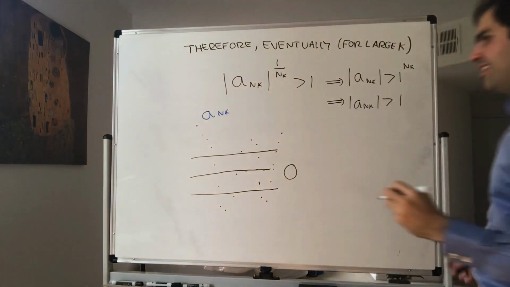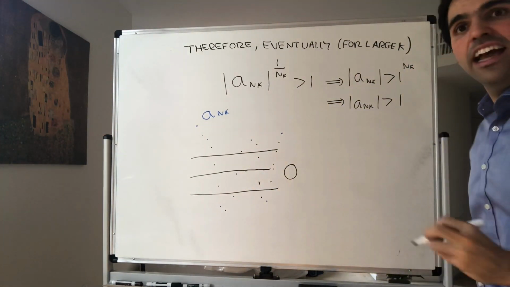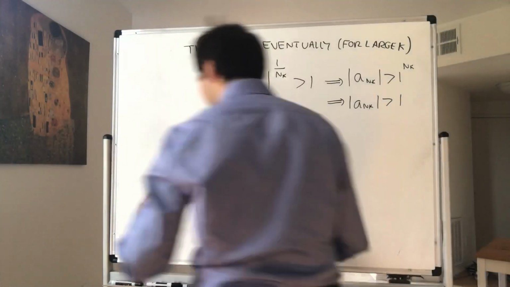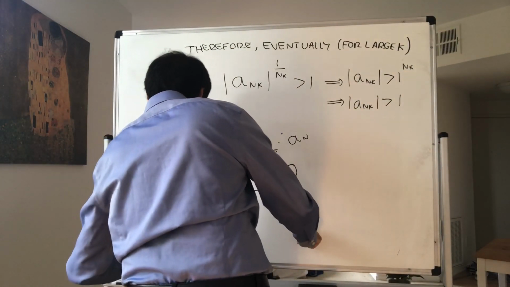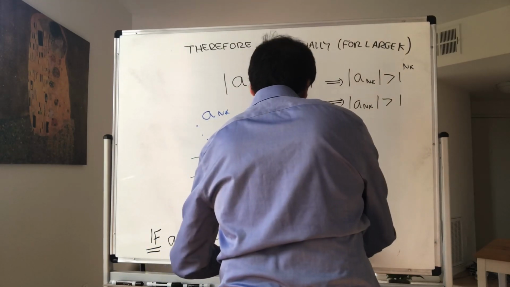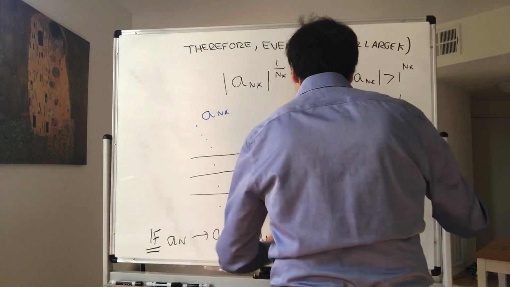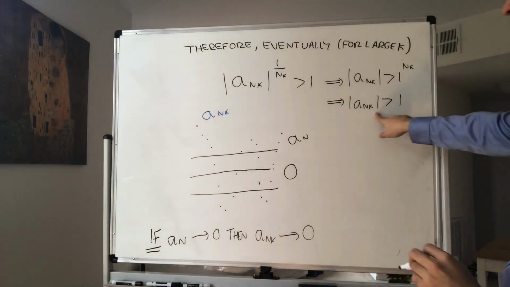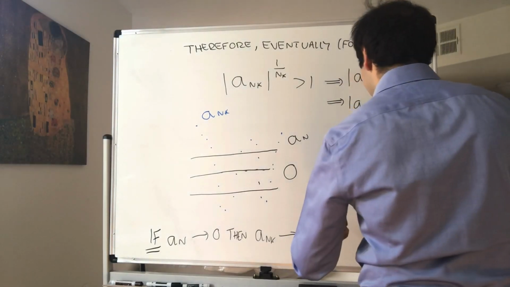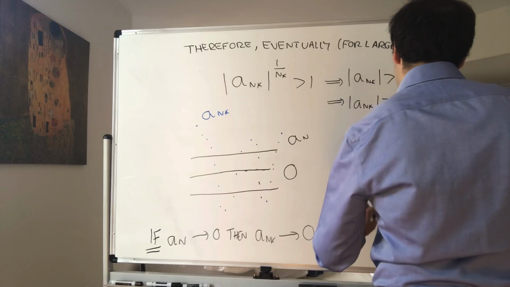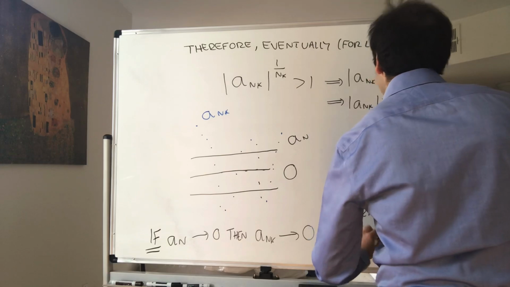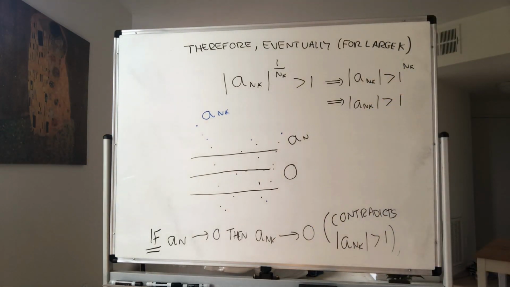Well, not really, because if an converged to 0, then any subsequence, in particular a sub nk, would converge to 0, which contradicts the fact that a sub nk is greater than 1, at least for large k.